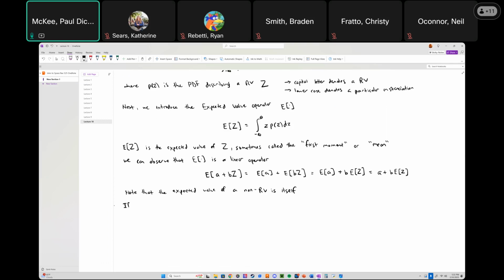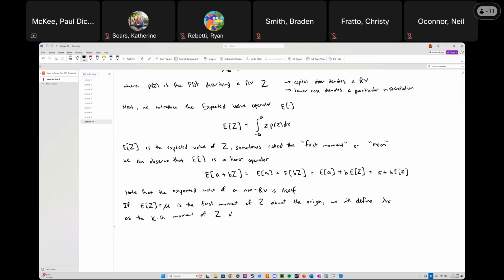So you could say if the expected value of Z, which we'll often say is equal to mu, is the first moment of Z about the origin, then we will define lambda sub k as the kth moment of Z about the mean.